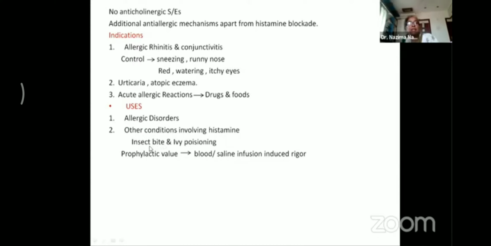For example, in insect bite, where histamine may be released, or in case of IV poisoning. These drugs also have a prophylactic value in blood or saline infusion induced rigors. So rigors which are caused because of the saline being infused or blood being infused. So again, these drugs can be used in such conditions.